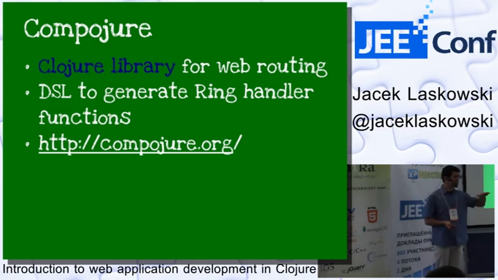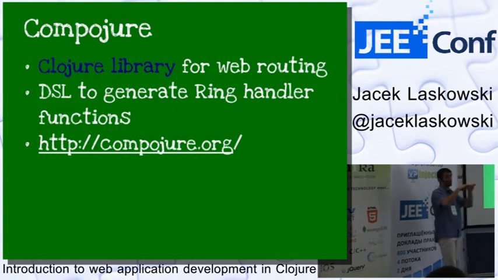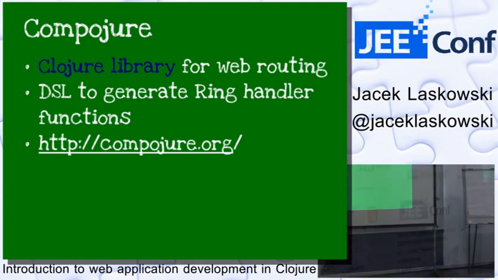So instead of being at Ring level, you declare dependency on Compojure, and you create web applications at a higher level. So Compojure is a Clojure library for web routing. That's exactly what we aimed for.